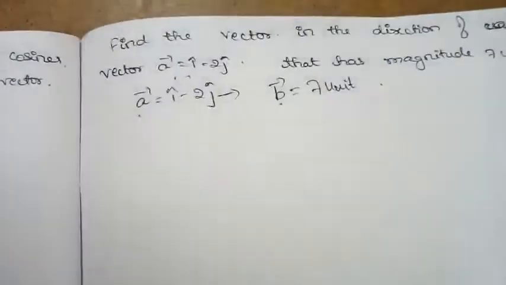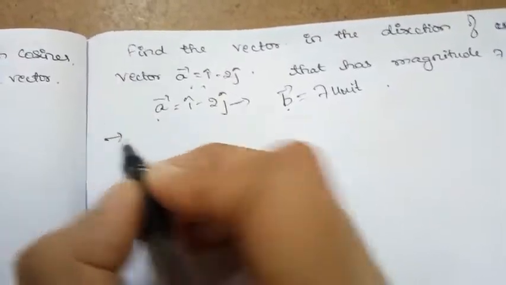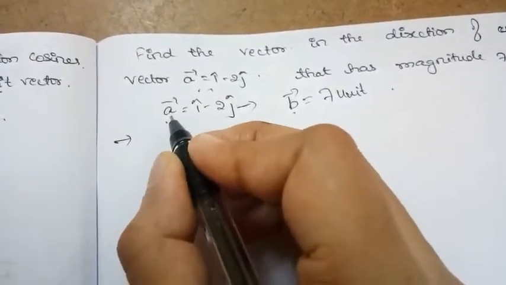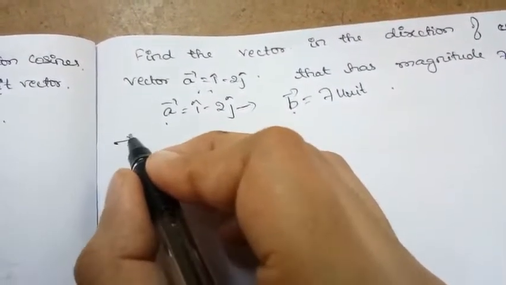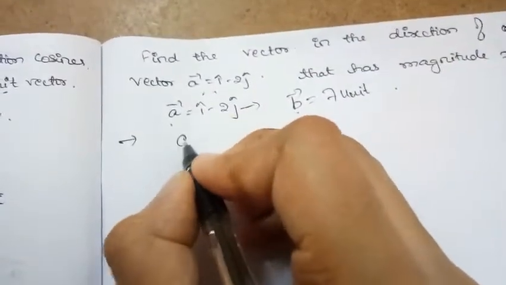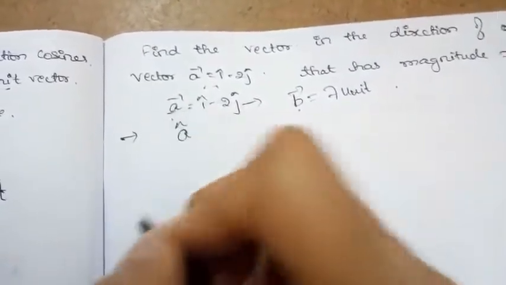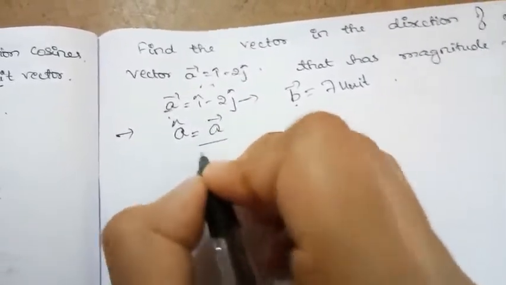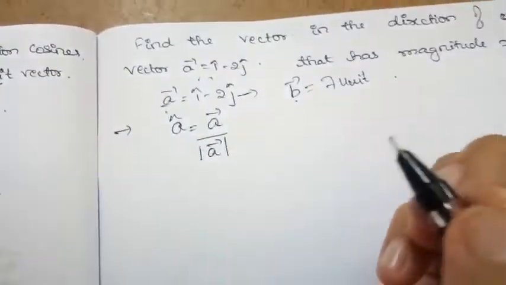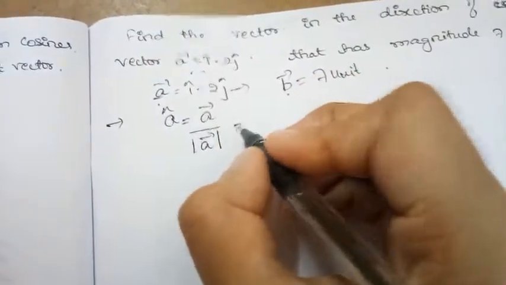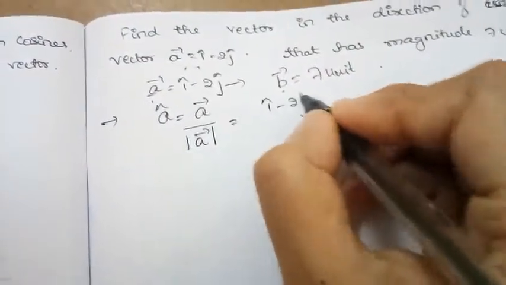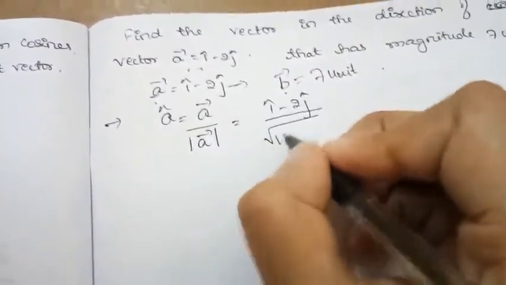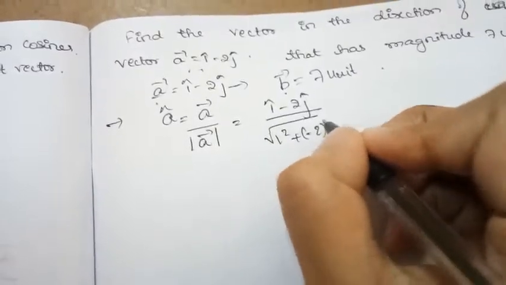So they have given the vector A. First, let us find the unit vector along this direction. That is nothing but vector A divided by the magnitude of vector A. It is i cap minus 2j cap divided by the square root of 1 square plus minus 2 square.